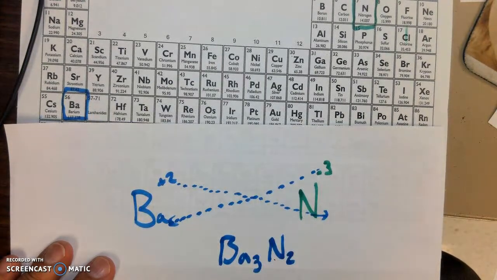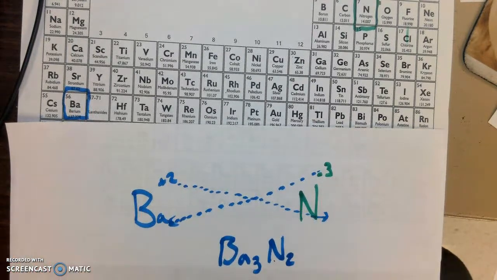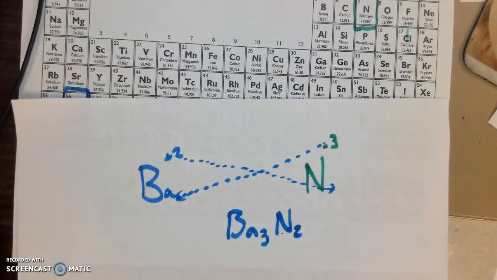And it works because 3 times 2 is 6, and 2 times -3 is -6. So it's neutral. +6, -6, it's neutral. Okay? All right. Barium nitride.